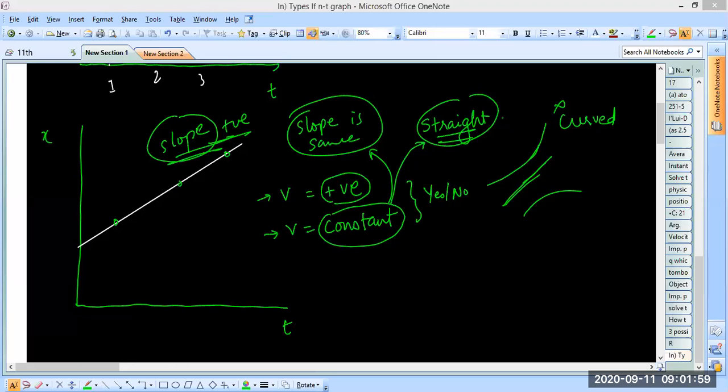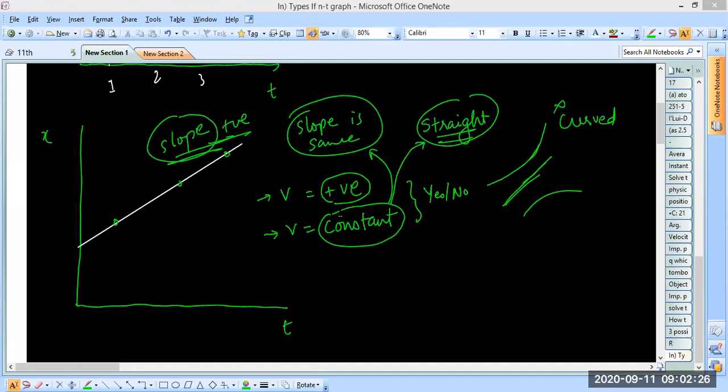Slope is not an object. If you climb up a hill, will the slope climb with you? Is slope an animal? Slope is not even an object. Slope is just a number. Yes, positive slope, that's correct. You could say the slope is positive.